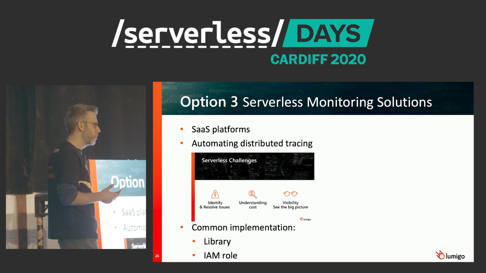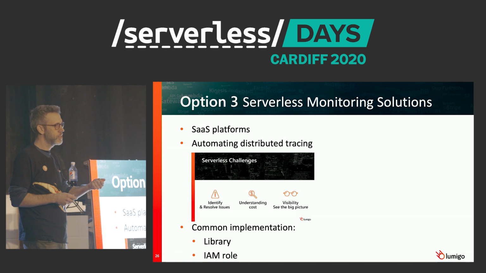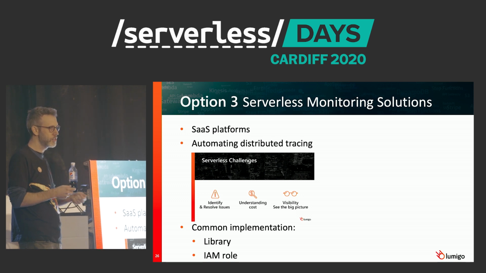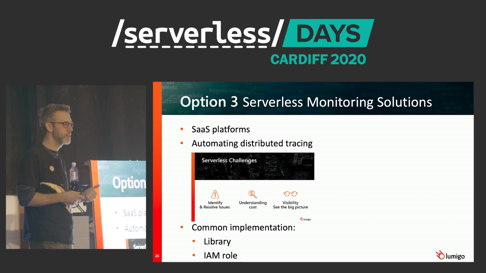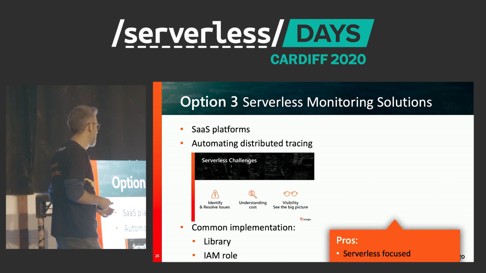In general, the way they do this, they add some kind of library to your Lambda. They can do this using Lambda layers or any other way, but you don't have to add lines of code. And also connect to your system using IAM roles. So you do those two things, and you get the distributed tracing.